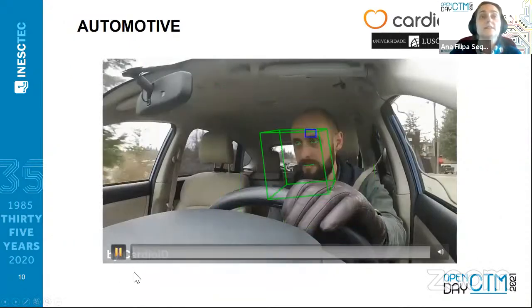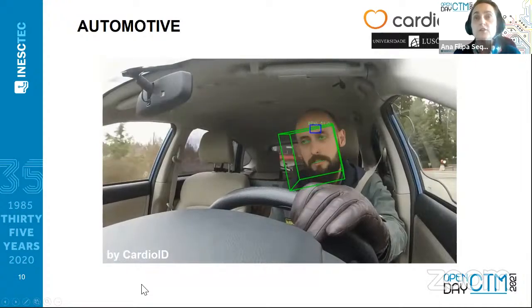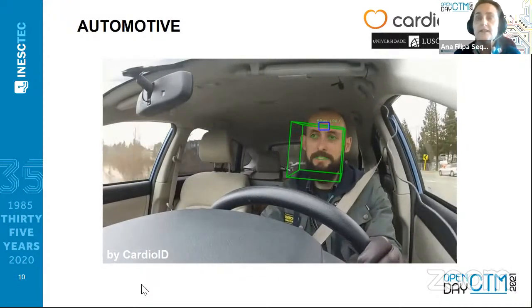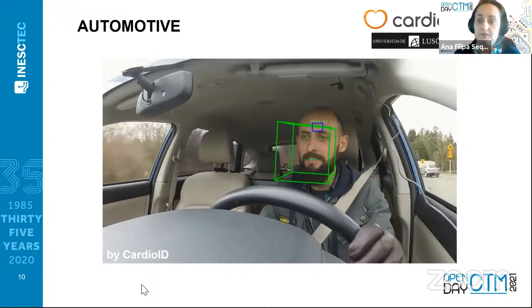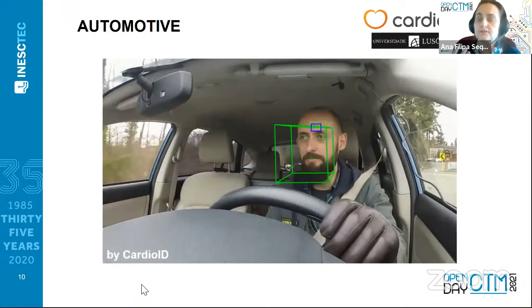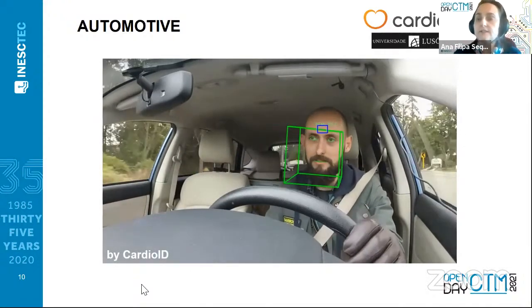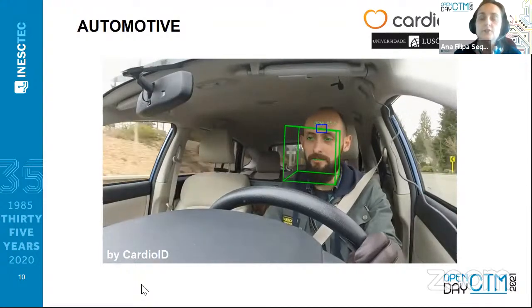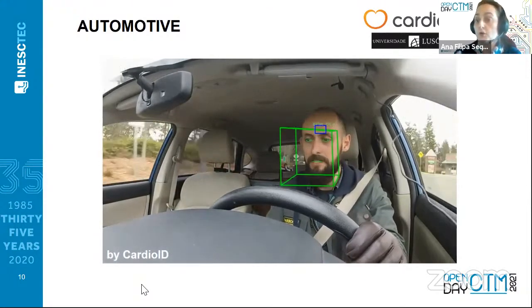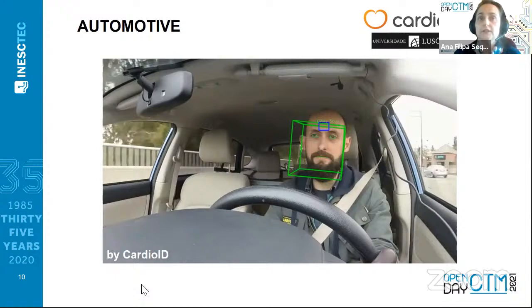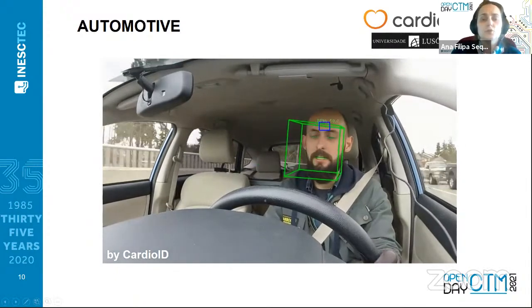You can see in this small example that an estimation of the head position is being done, also some features of the face, and all this is very relevant to the detection of drowsiness in a driver. So important.